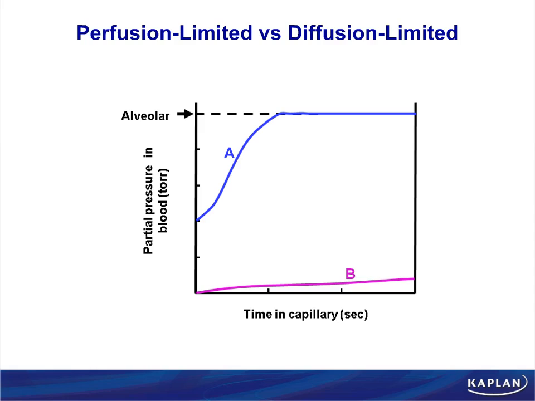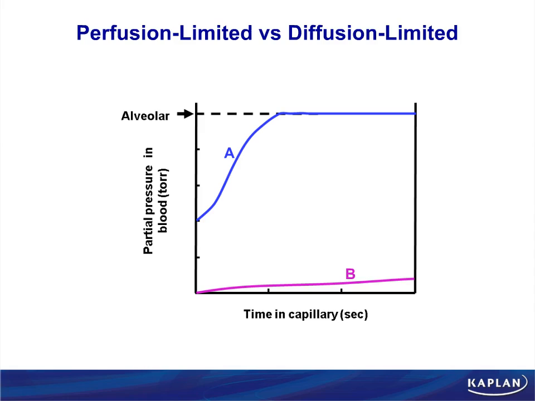All right, notice the blue line, A. In the time available in the capillary for diffusion, notice that the blood partial pressure of gas A equilibrates with the alveolus. So you see the blue line go up to the dashed line alveolar and then flattens out because now it is equilibrated.